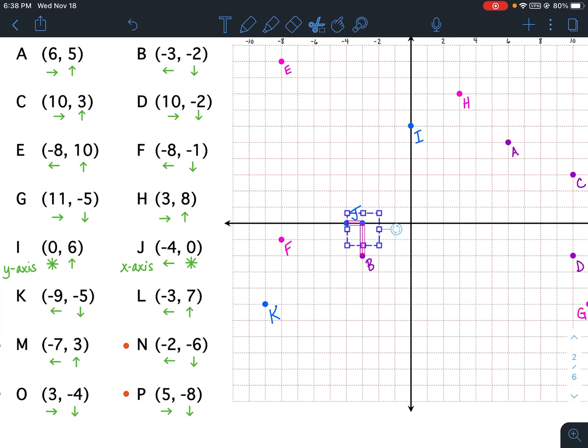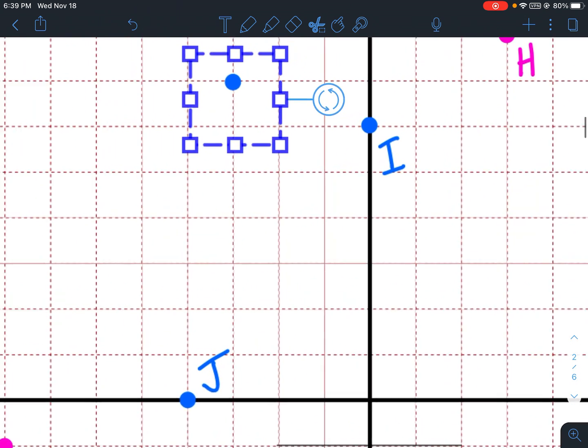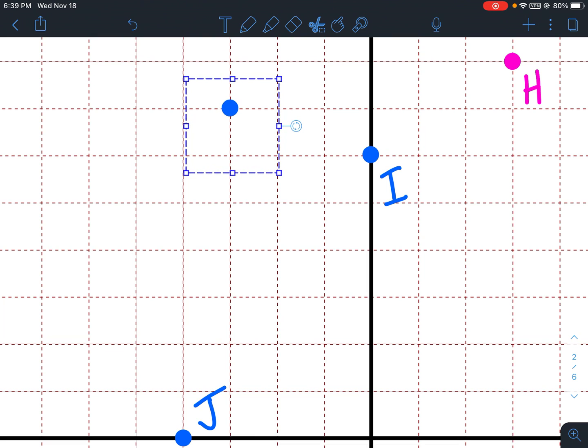So it's going to be on the same horizontal line as B, but then we go up 7. So 1, 2, 3, 4, 5, 6, 7. So it's actually on the line that is between the H and the I. And again, that is L.